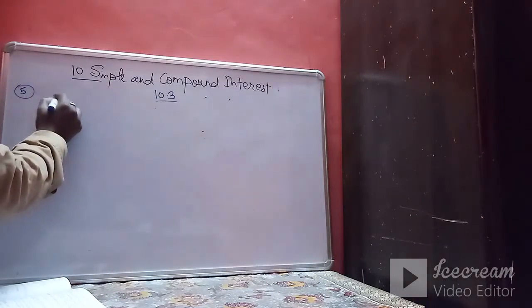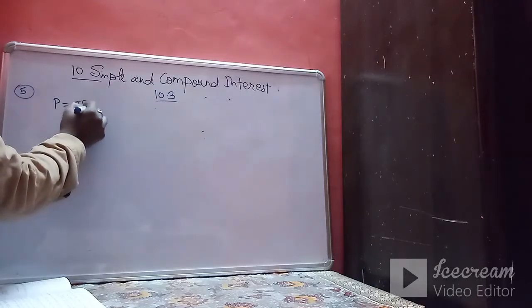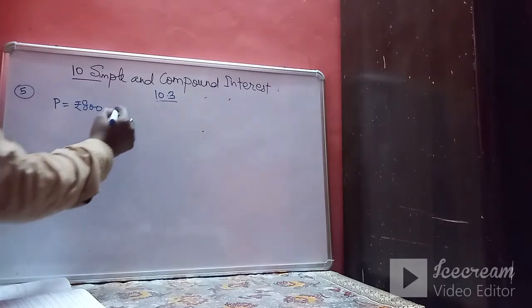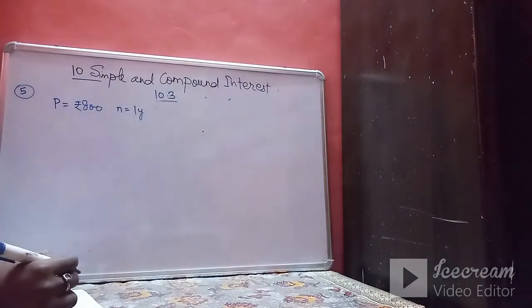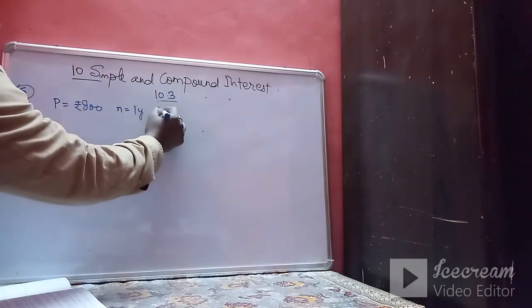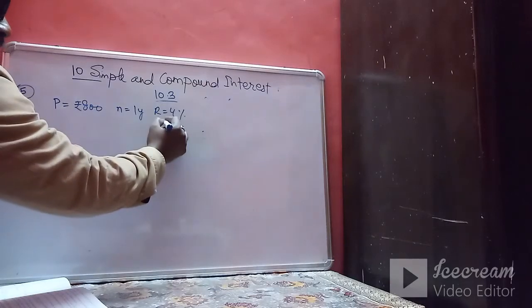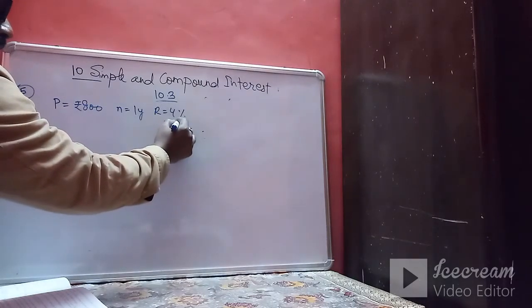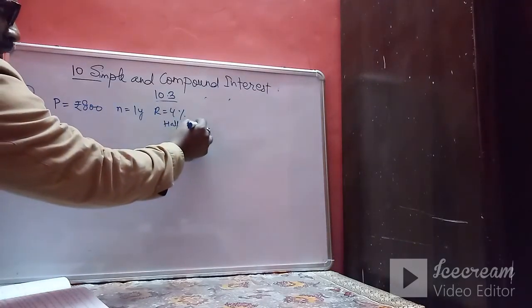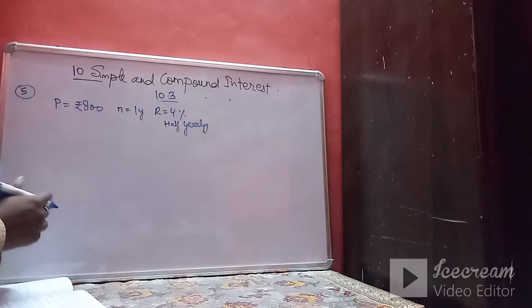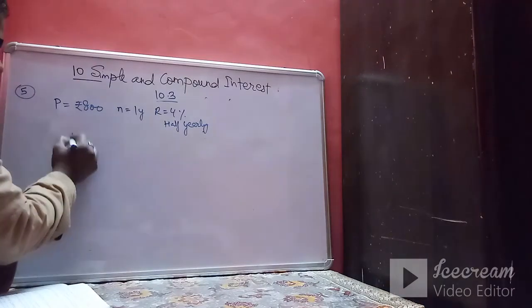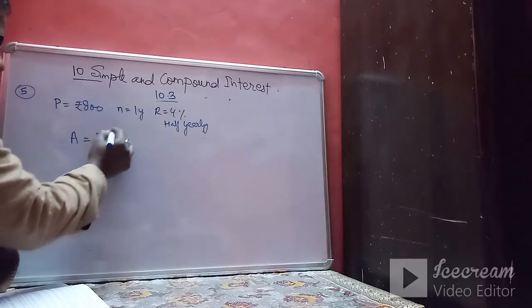So in this, principal is rupees 800, time, that is n, is 1, and rate is 4%, and it is half yearly. Okay, so whenever you have to calculate the compound interest or amount when the compounding is done half yearly, what formula will we use? We will use this formula.